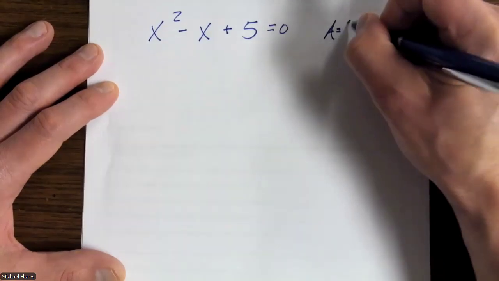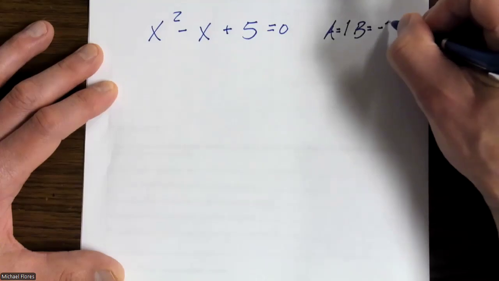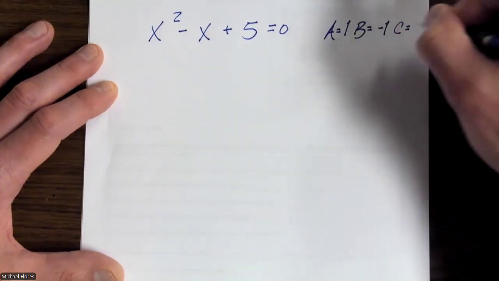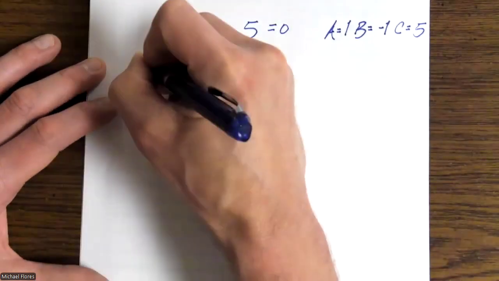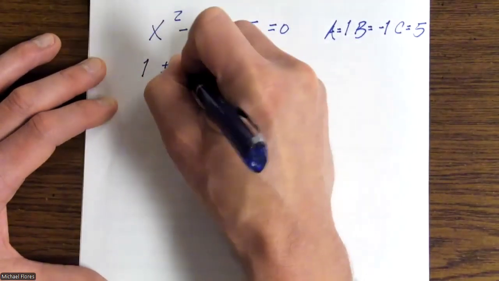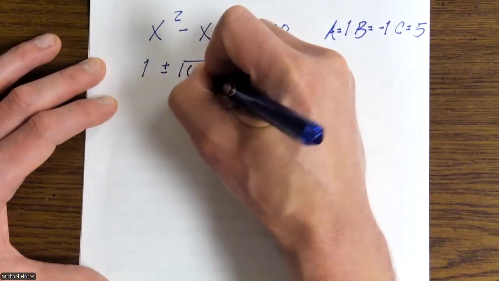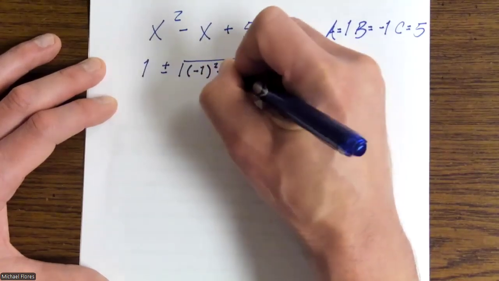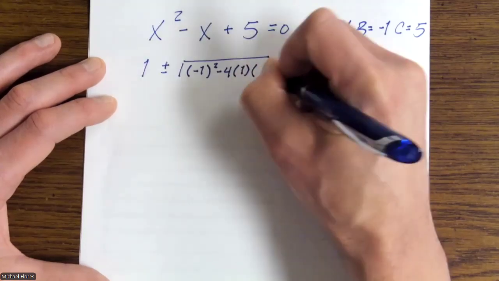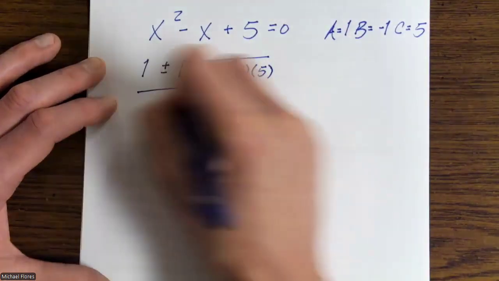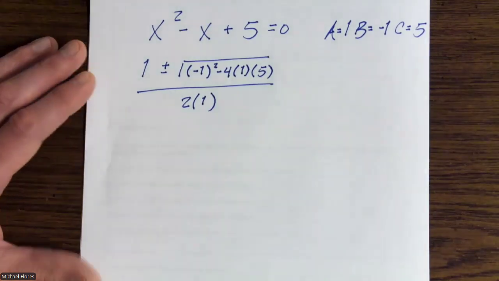Our a value is 1. Our b value is -1. And the c value is 5. So I'm going to start plugging into the quadratic equation now. And then simplify.